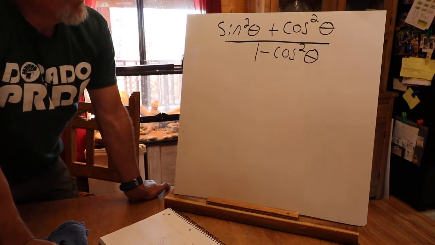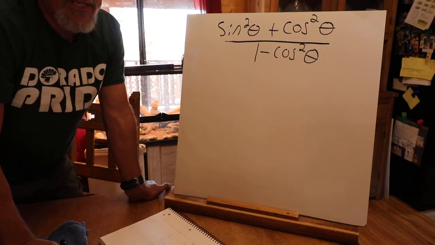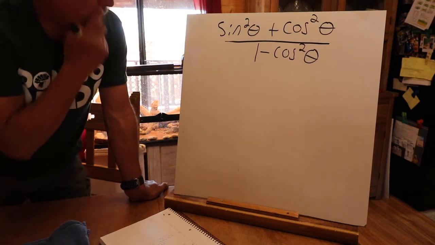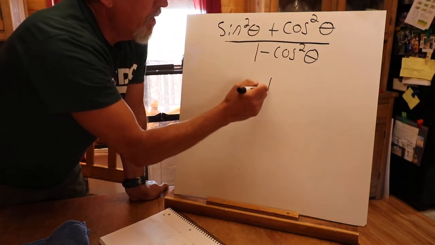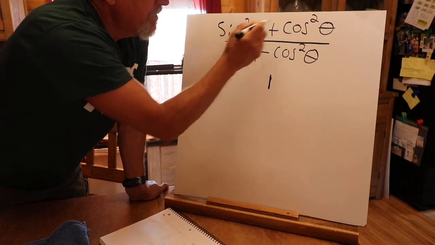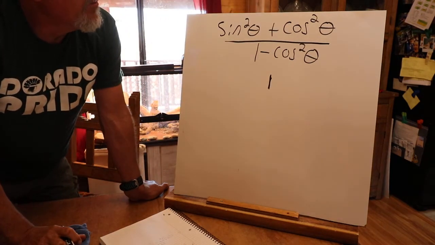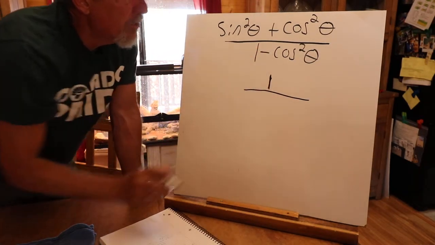So if I look at this one, sine squared of theta plus cosine squared of theta is one of your identities on your sheet. It's a Pythagorean identity. You'll see it in one of the boxes. Sine squared plus cosine squared is 1. This is 1. Don't even write it anymore. On the bottom, I have 1 minus cosine squared.